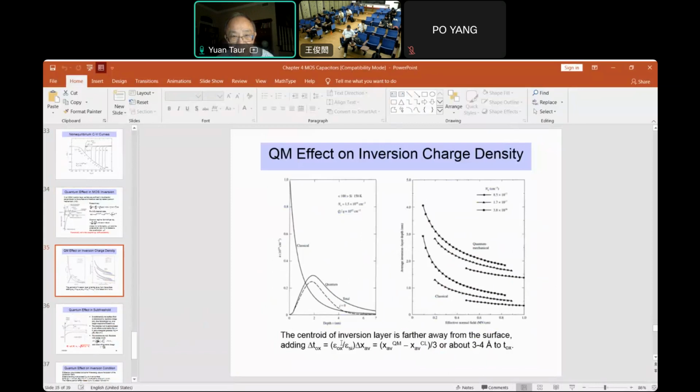So if we translate that into the oxide thickness, that's about 3 to 4 angstrom thicker, and the effect of the quantum effect is essentially to make the oxide appear thicker, as far as the inversion charge is concerned. Okay? So this, of course, is not good news for the MOSFET performance, because that means the current is a little bit lower due to the inversion charge density not at the very surface.